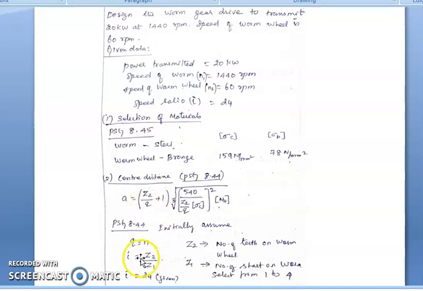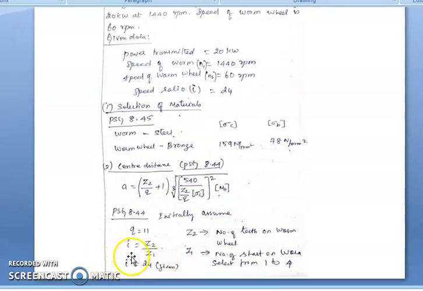Q is a constant that is initially assumed as 11, which is available at page number 8.44. Then the cube root of 540 by Z2 by Q, sigma C, into MT. Here all the values are known except Q and MT. Here i is equal to 24 and based on this we should find out.